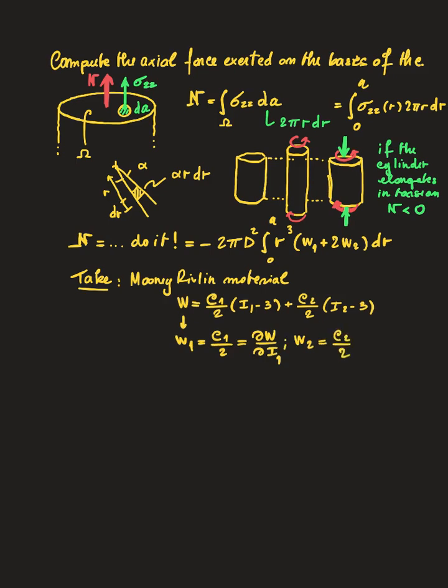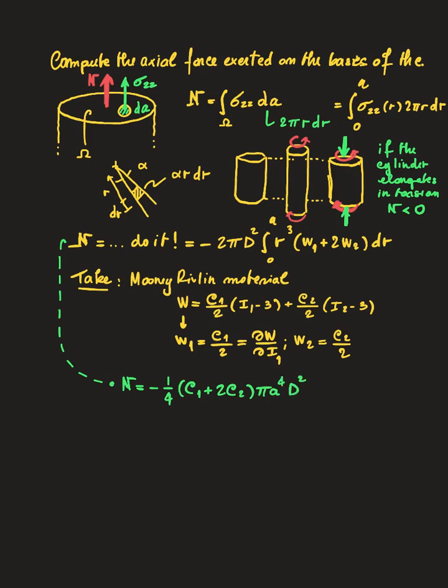With this in mind, I can just enter the expression of the axial force and compute what it is equal to for the Mooney-Rivlin material. We get, finally, that the normal force that has to be exerted on the upper and lower face is equal to minus 1/4 times C1 plus 2C2 times pi a to the 4th power d squared.